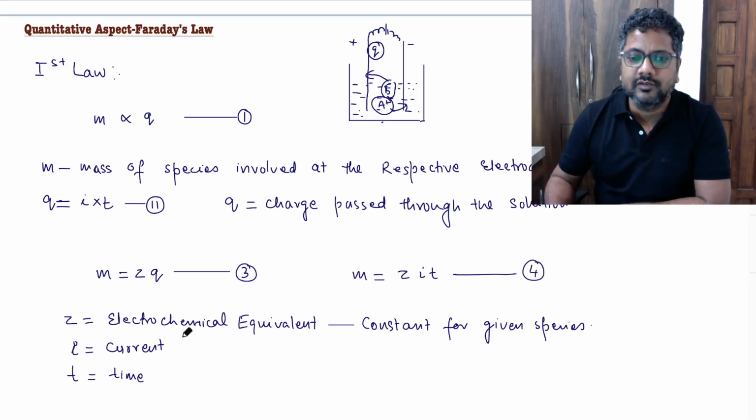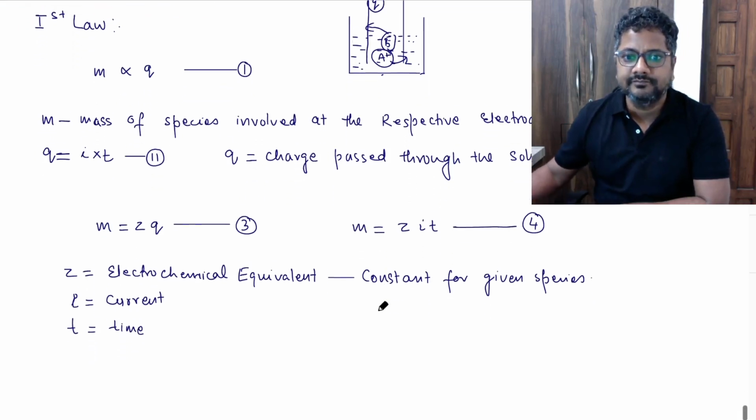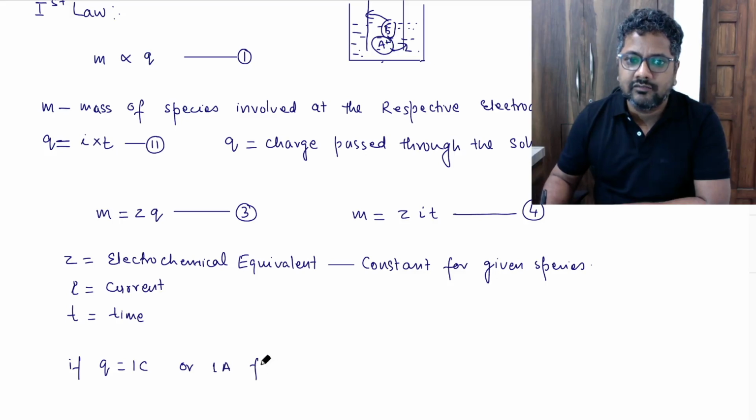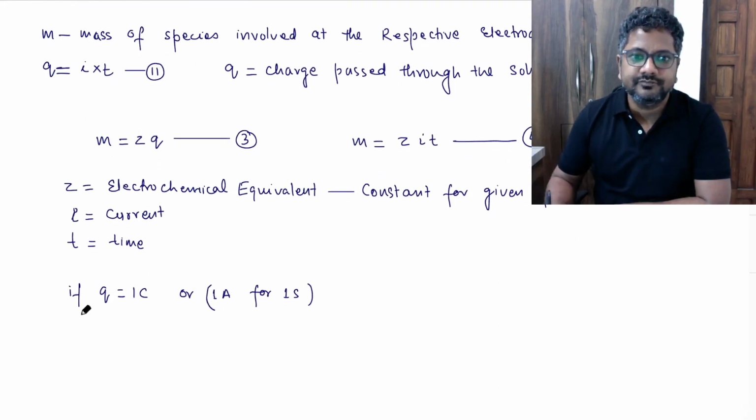All of you know the units and everything here. So how to define this Z? If Q is equal to 1 coulomb, or 1 ampere current for 1 second, then M is equal to Z.